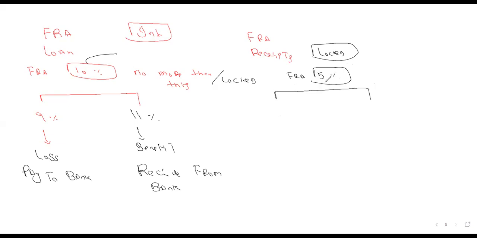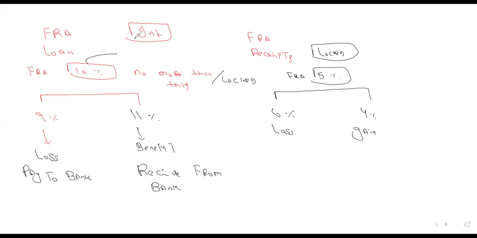For example, the market is paying us 6%, but I have locked my position at 5%. This is a loss. When again there's a loss, what will happen? I will pay to the bank. And for example, the market was paying me 4%. Now here you are having a gain. So when I have a gain, the other party will pay me. When I have a loss, I will pay to the other party.